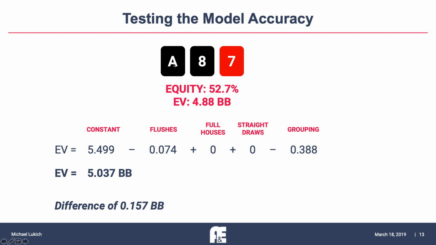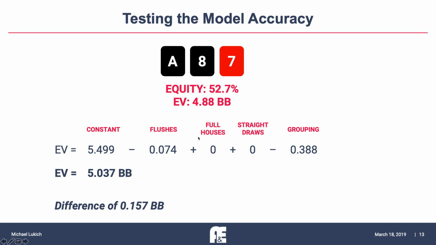So this ace 8-7 double suited board, where the ace and the 8 are the same suit, we have a 52.7% equity in GTO Plus. Our EV is 4.88 big blinds. Based on our equation itself, we would see that it's 5.499. It's minus 0.74 because this is a two-tone board. There is not a full house present.